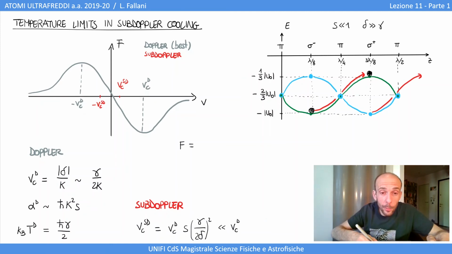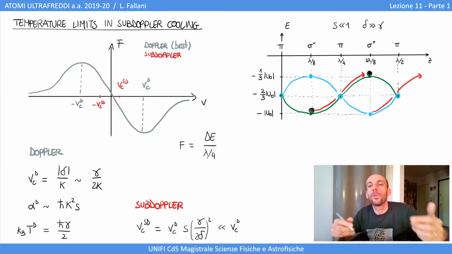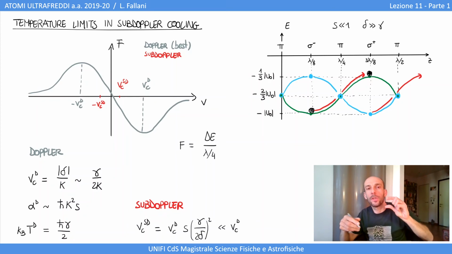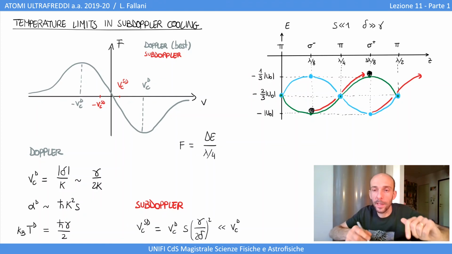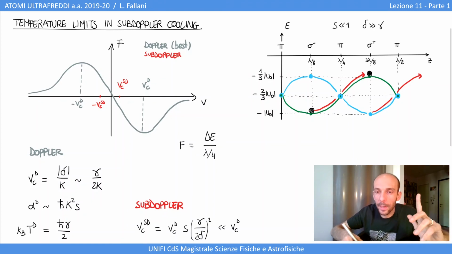So this can be written basically as delta E divided by lambda over 4. What is delta E? Delta E is the energy lost in one of these processes of absorption and optical pumping to the other state. So if I look at the scheme here, delta E is this quantity.